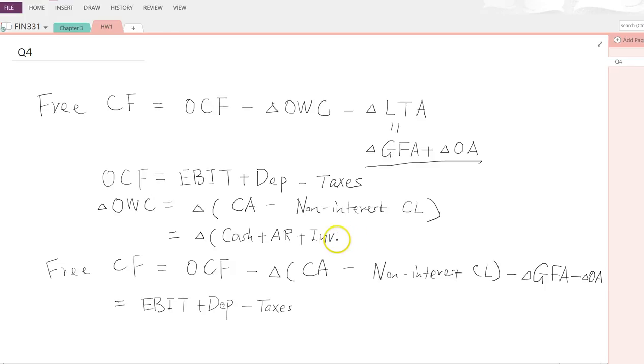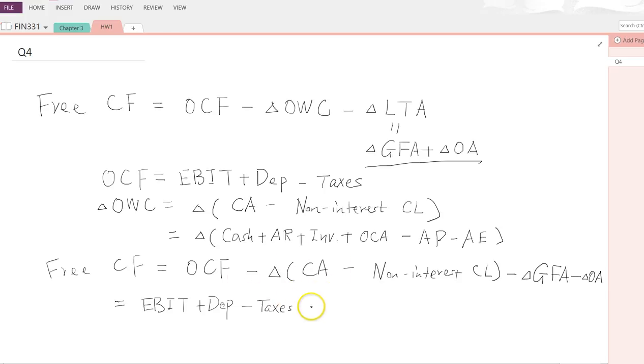And sometimes I may have other current assets, so OCA. And the non-interest bearing portion of current liabilities is simply the sum of accounts payable and then accrued expenses. So we don't have the short-term notes payable because that's interest bearing. We don't want that.